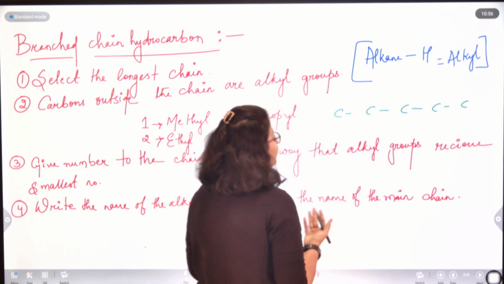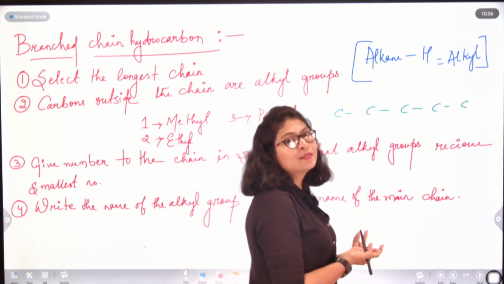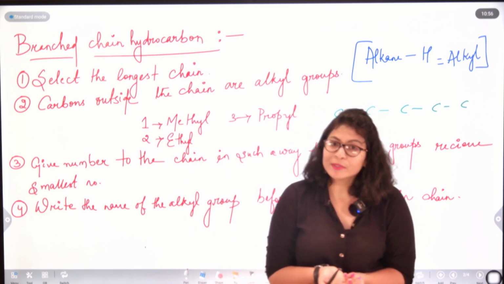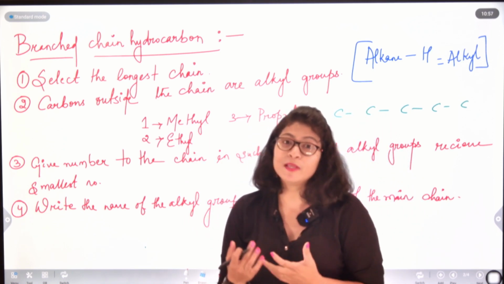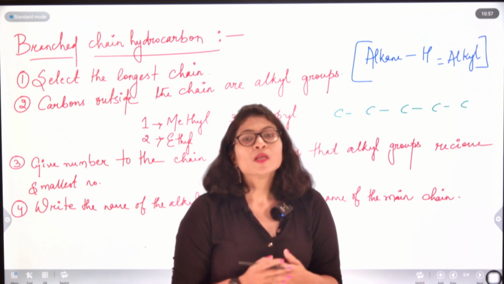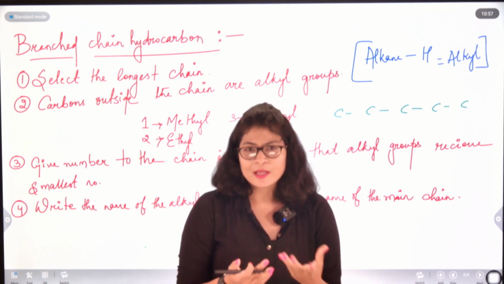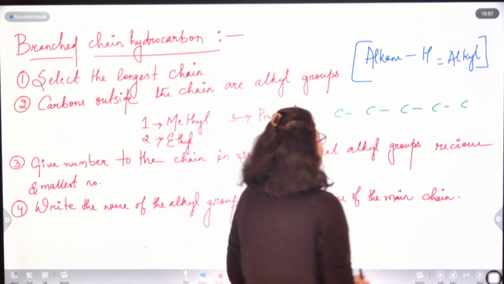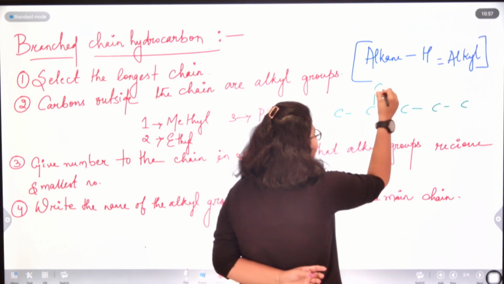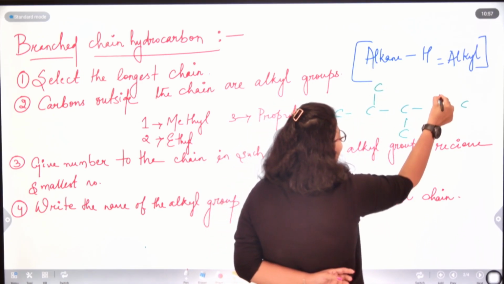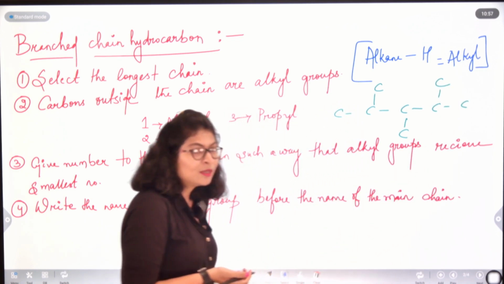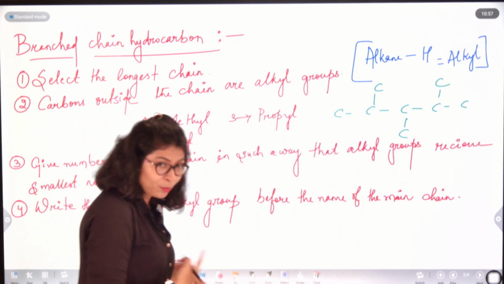Carbon has a property called catenation, the self-linking ability. It can form any number of bonds with itself, so I can put a carbon here, another here, again another here.